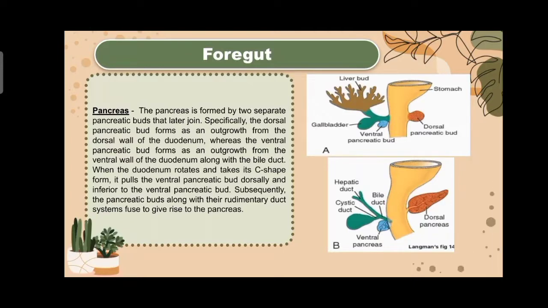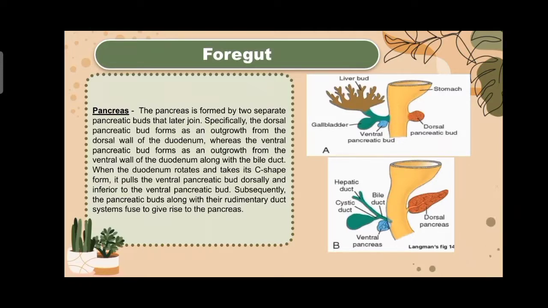The main pancreatic duct, which enters the duodenum at the major duodenal papilla, is formed by the longer dorsal duct draining into the proximal ventral duct. If the proximal portion of the dorsal duct remains, it forms an accessory duct that opens into a minor papilla located about 2 cm above the main duct.